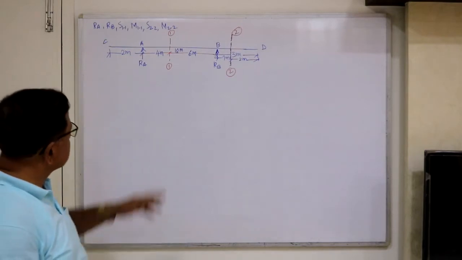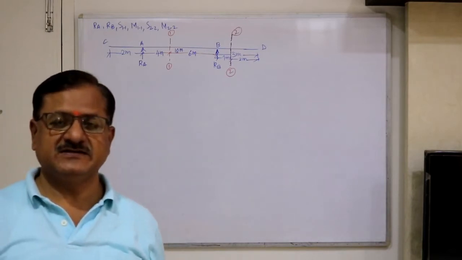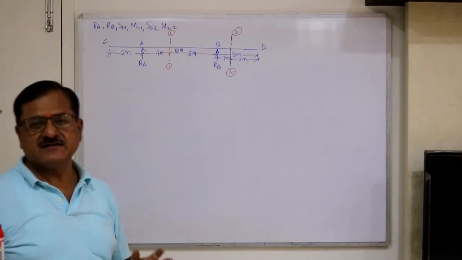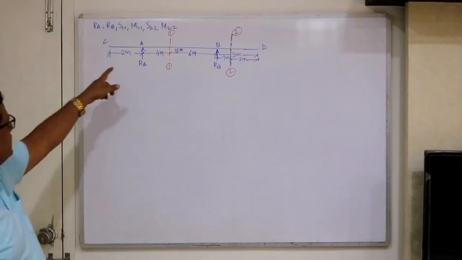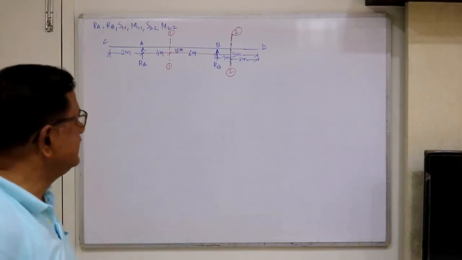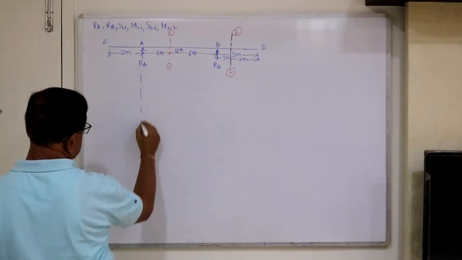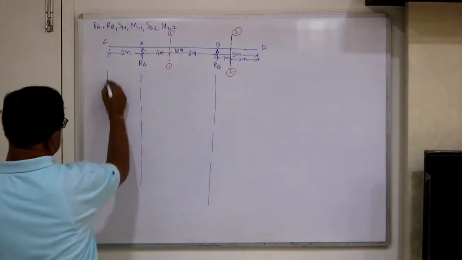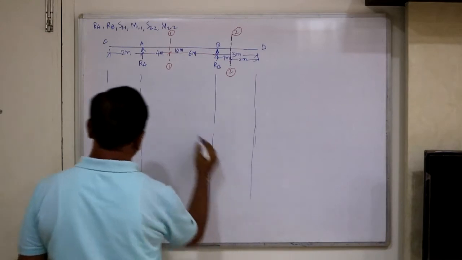So it is very clear that section 1-1 is within the simply supported beam and section 2-2 is within a cantilever beam. Again, if you take it in AC, that section becomes a section in a cantilever beam. That's why, if you remember the ILDs for simply supported beam and cantilever beam, just see where your section occurs.